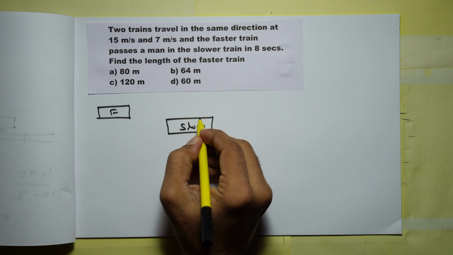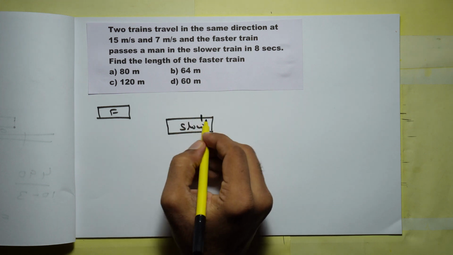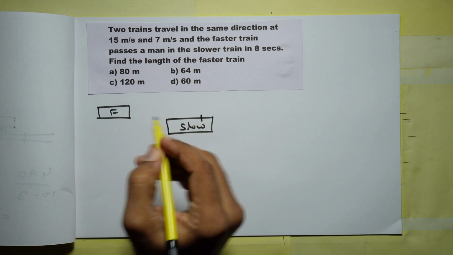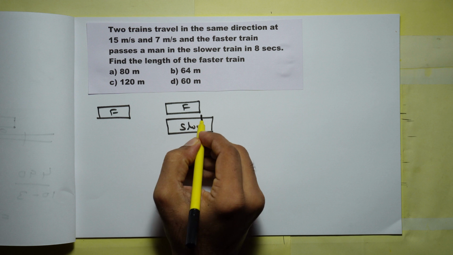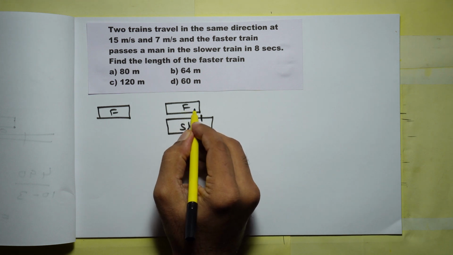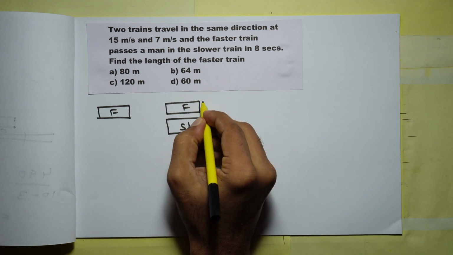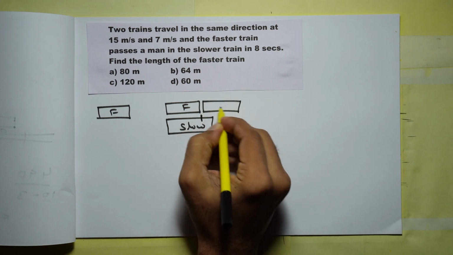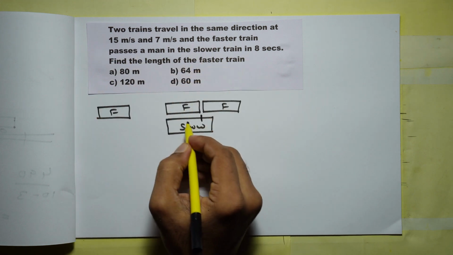Now there's a person sitting in the window seat in the slow train. Now when will this person see the fast train? Now when the fast train is here, he will first see the fast train. And relative to this one person, the faster train's own body length has to be ahead.